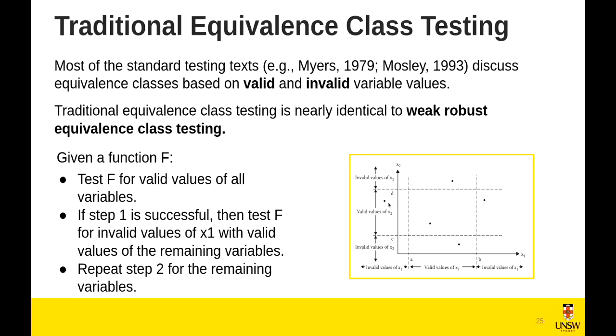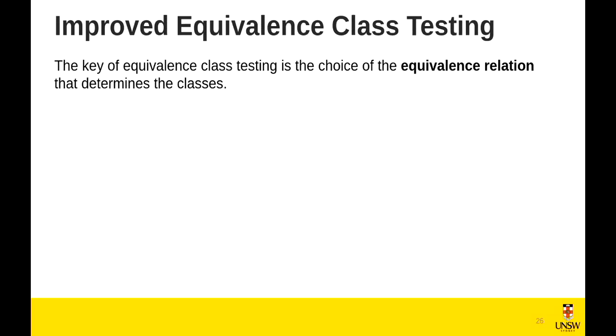But do notice here that when we do this testing for x1, when we make it invalid, we still keep the value of x2 within the valid range, because this is somehow similar to weak robust equivalence class testing. So that's why. And this is traditional equivalence class testing.